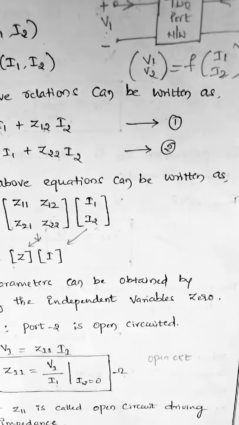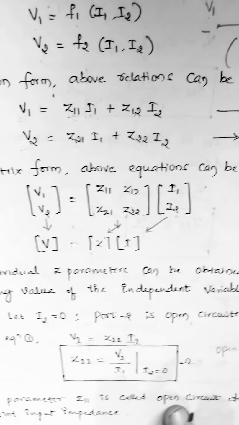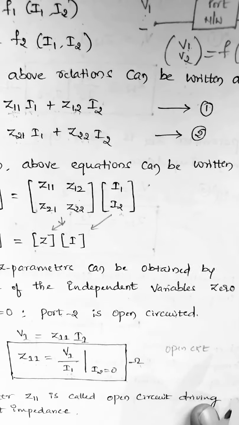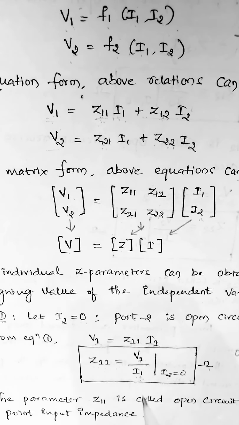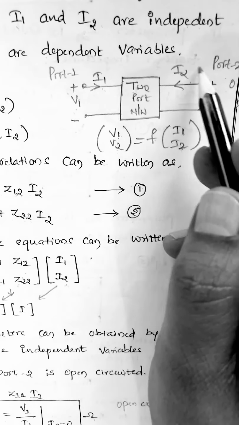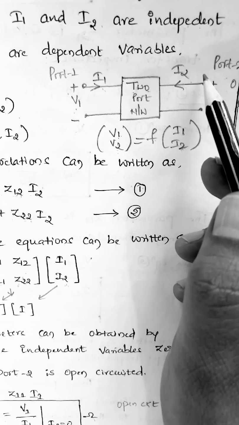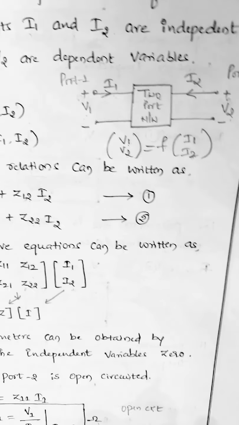Once again, we get the Z11 parameter when we make I2 equal to 0. I2 equal to 0 means the output port becomes open circuit. Because we get Z11 when we make the output port open, it is an open circuit parameter, first point.